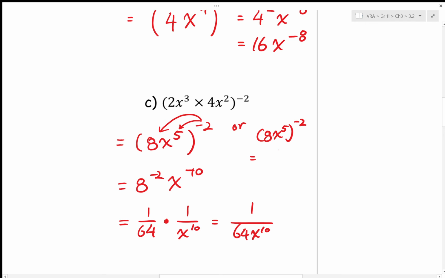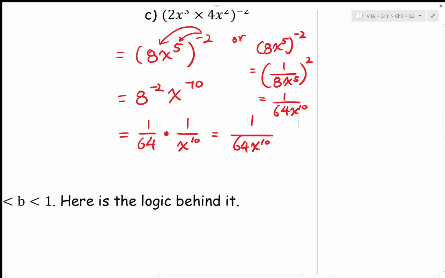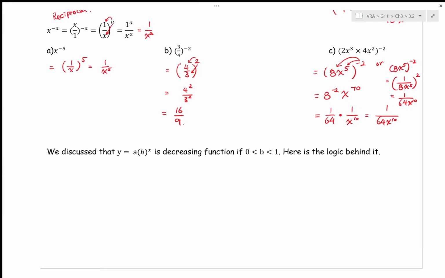This basically means that it's 1 over 8x to the power of 5, the reciprocal of it, to the power of 2. So that then becomes 1 squared over 64 x to the power of 10, which is just 1 over 64x to the power of 10. Okay, hopefully this was okay.